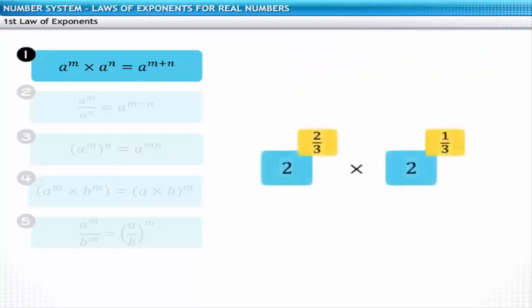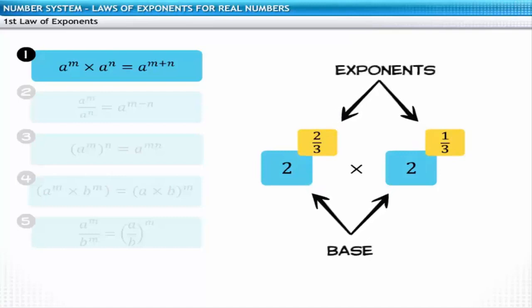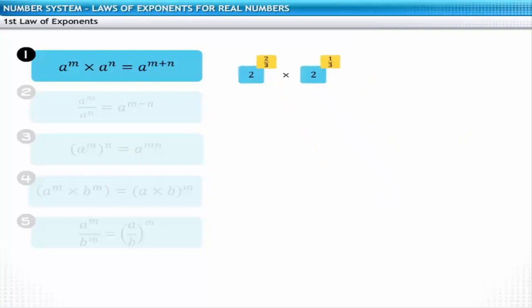Let's consider another example. Here, there are two terms with the same base 2 and exponents 2 upon 3 and 1 upon 3. Now, let's simplify it.